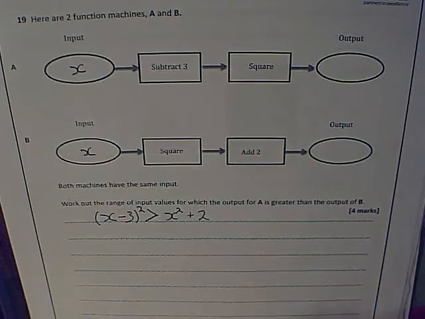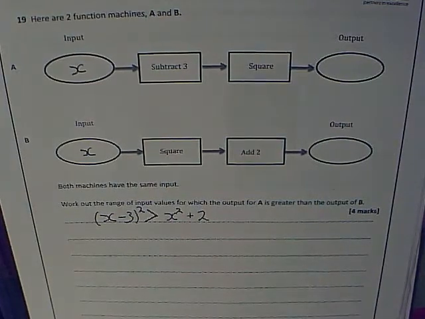So I've set up my equation, and that's probably the biggest stumbling block in this question. Once you've got that, you can work through it, and then you'll just have one tricky bit at the end.